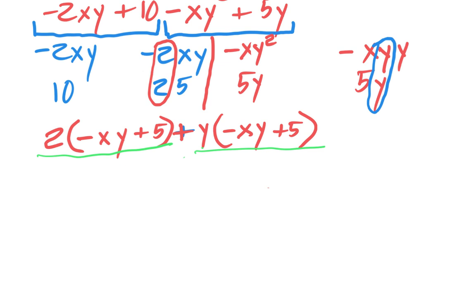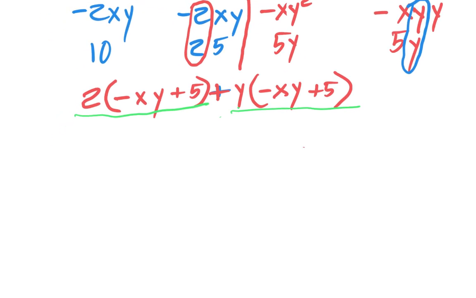But more importantly, what do I have common in these 2 terms? I have that negative xy plus 5 and that negative xy plus 5. Okay, so that's my common factor. It's in both of them.